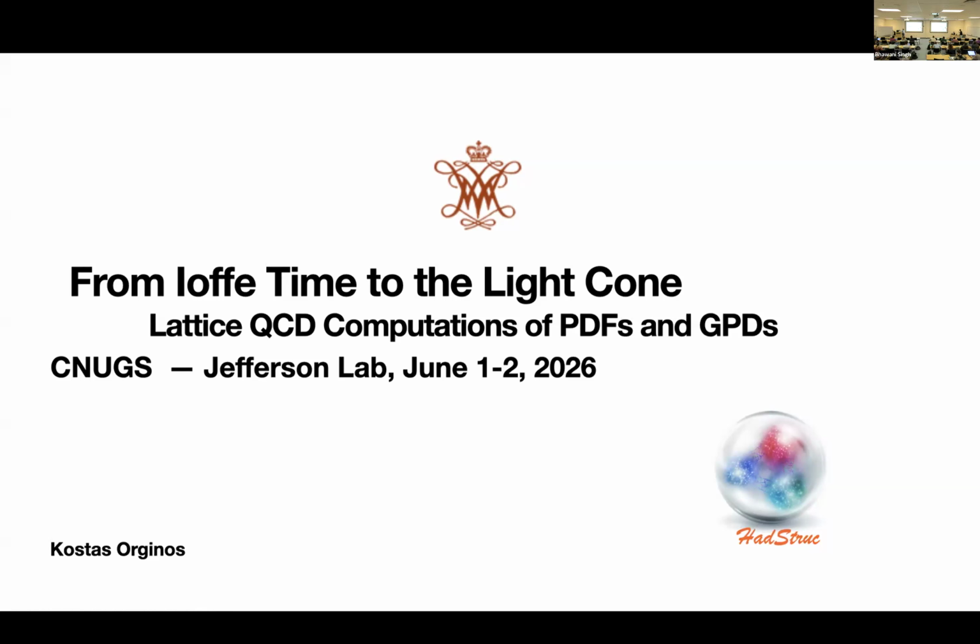So in the last lecture, I was trying to tell you that the calculation of certain matrix elements is very complicated in lattice QCD because of the breaking of rotational symmetry that introduces power divergent mixing.